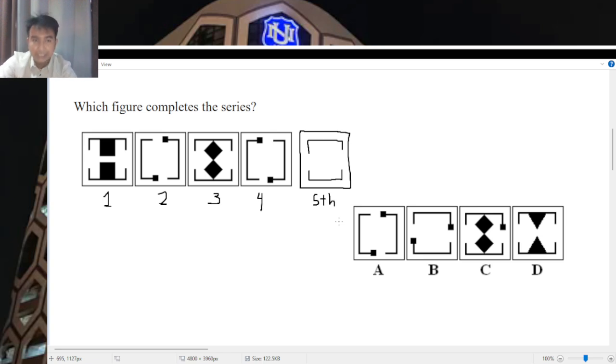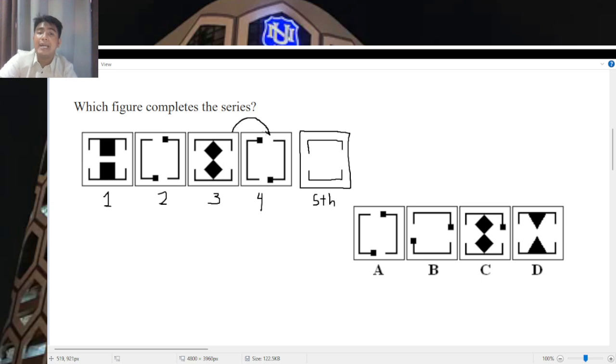So let's now proceed to the other patterns you can see in here. Term number 1 here has some squares, and then those squares became small ones. We can see small squares here at the end of the outer lines. After number 3, you can see that it changed again to another shape, which is diamond this time.